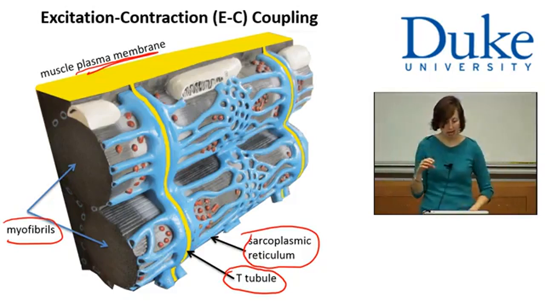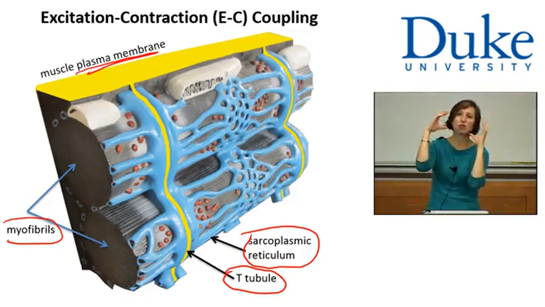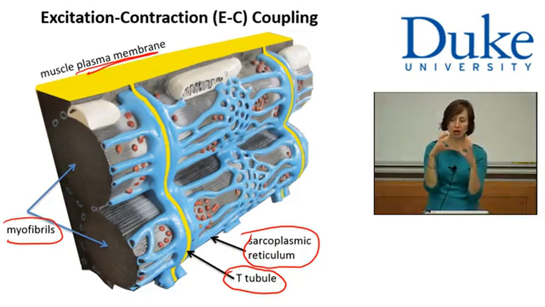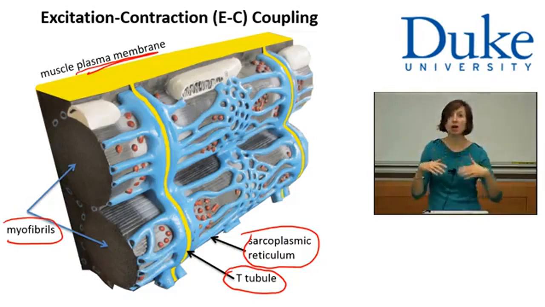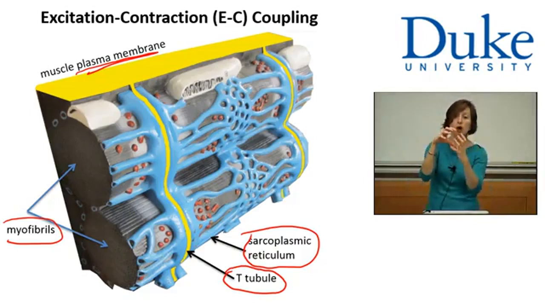And so you can see how this sarcoplasmic reticulum is wrapping around these myofibrils so that once the action potential travels and we get our EC coupling, the myofibril is going to be bathed in calcium coming from the sarcoplasmic reticulum. And then the sarcoplasmic reticulum will also be in a good spot to then reuptake that calcium.